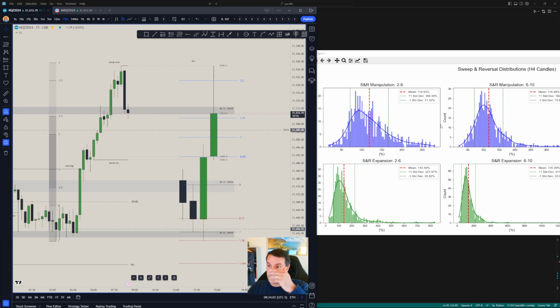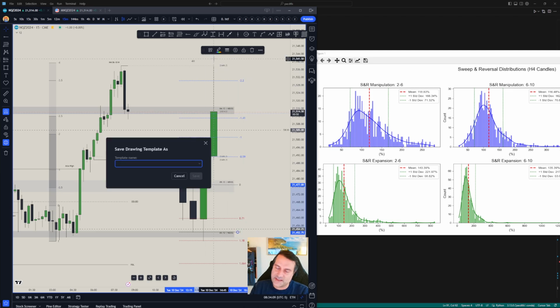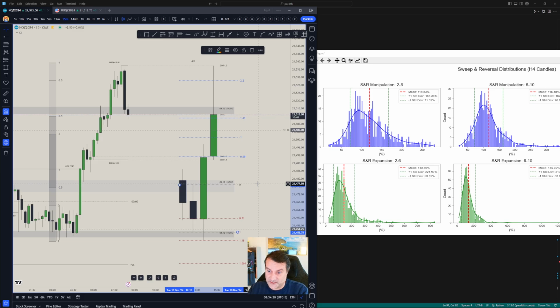I need to do some double checking if they are making sense. I want to hold down this 0, 2.6 sweep reversal levels, right? So that's how I was planning to use this.